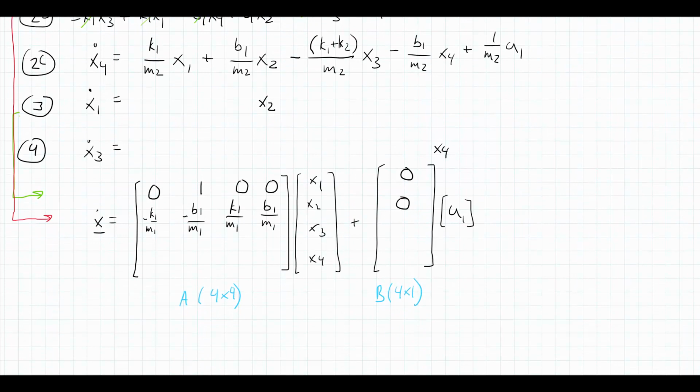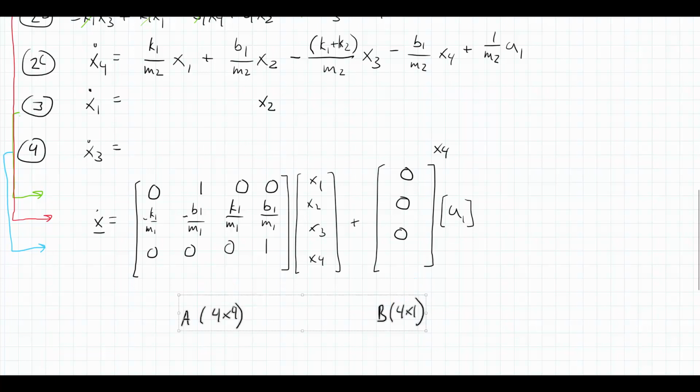Scrolling back down, I will now need my x3 equation next. That will be my third row. And we go back to something pretty simple. x3 dot is 0 x1, 0 x2, 0 x3, 1 x4. And then there's no u1 term. And finally, my x4 equation will come down. That is 2c. And so I need one more color here.